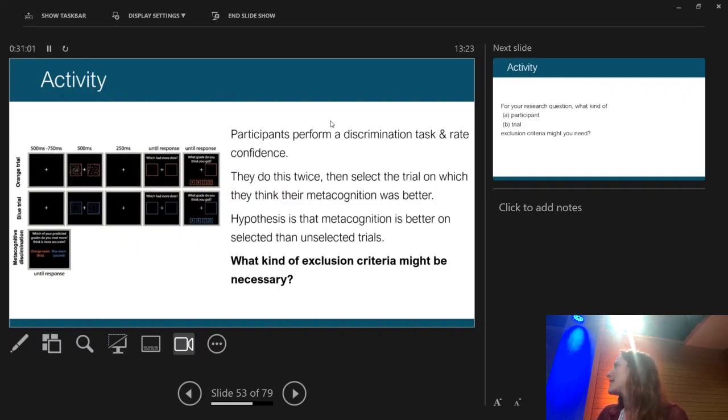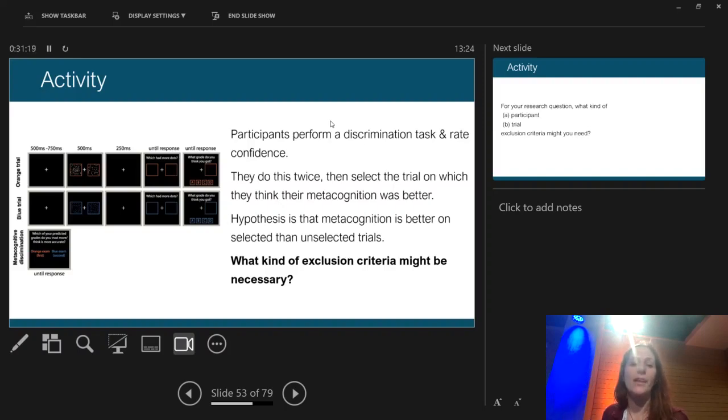Does anyone here do anything like visual perception or anything related to that? Does anyone have no familiarity with this kind of task, this kind of dot discrimination task?